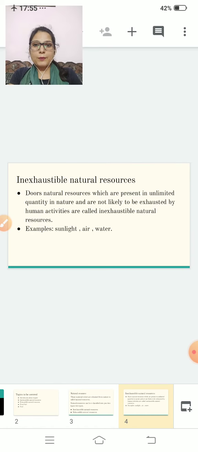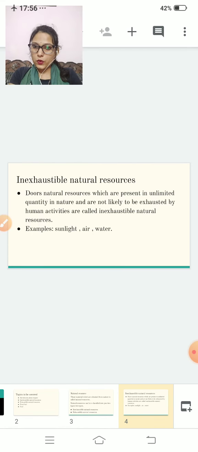Example, sunlight. You can't finish sunlight, air, water. They all are inexhaustible natural resources. I think it is clear to you?